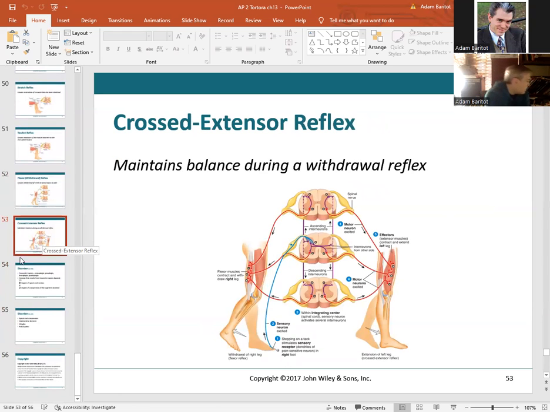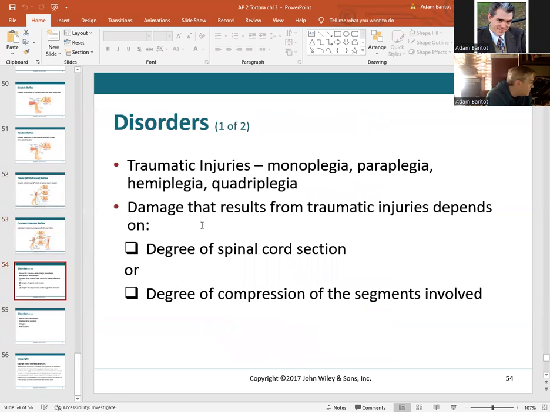Very good. A couple of disorders to go with that. Sometimes people become paralyzed due to various reasons. If it is a spinal cord injury, if it occurs below the level of T1, you might be dealing with paraplegia. Paraplegia is where two limbs are paralyzed and it's always the legs.